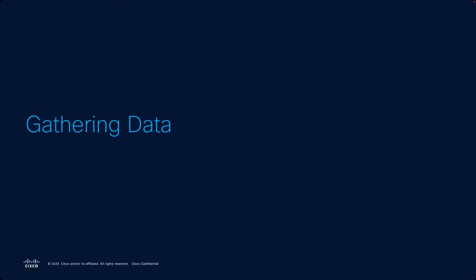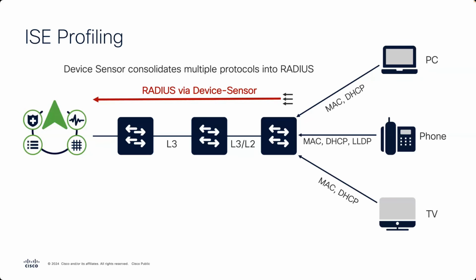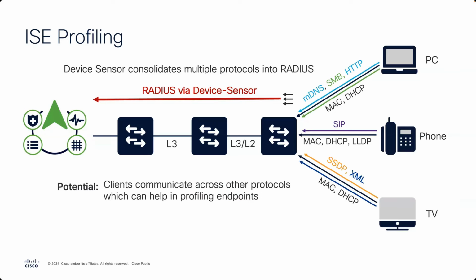So we need to get more information from our endpoints for profiling. What do I mean by that? ISE profiling, as I mentioned before, uses device sensor for RADIUS communications. That would include things for your endpoints that are advertising DHCP or LLDP or CDP data, etc. That gets to a switch, and the switch sends that information to ISE via RADIUS updates. But our endpoints are using a lot more protocols than just those.